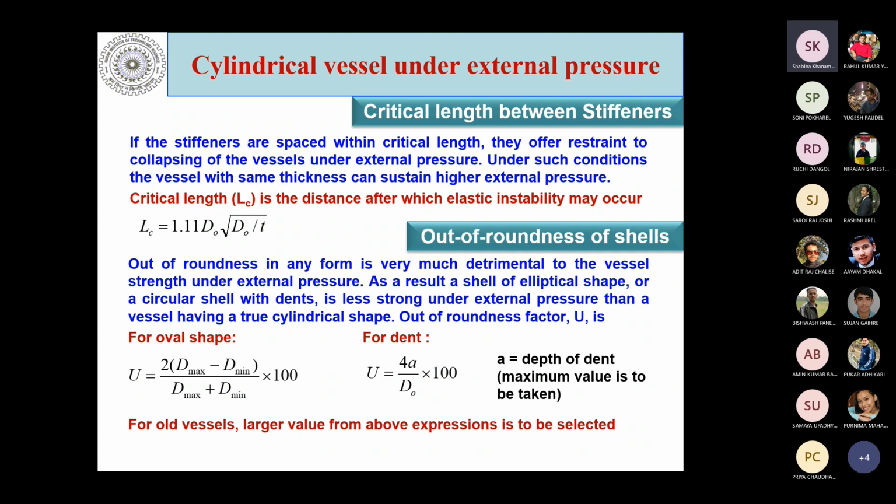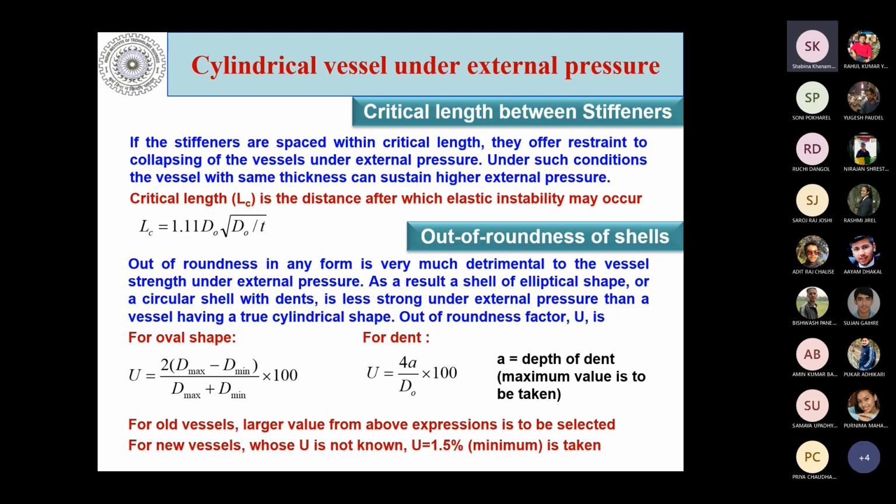Older vessels are there, and based on the calculated out of roundness, when I have a suitable shell thickness, if that thickness is not maintained, we can provide some stiffeners to give rigidity to the shape. In that way we can consider the old vessel.